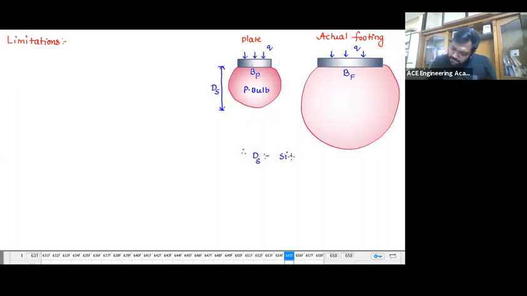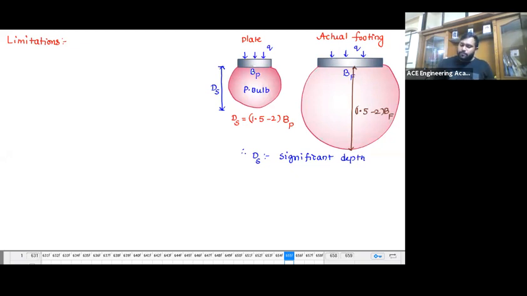For a plate, the significant depth is 1.5 to 2 times the width of the plate for a square plate, that is 1.5 to 2 times BP, and for a strip, 2.5 to 3. Similarly, here also, the significant depth is 1.5 to 2 times the width of the actual foundation.